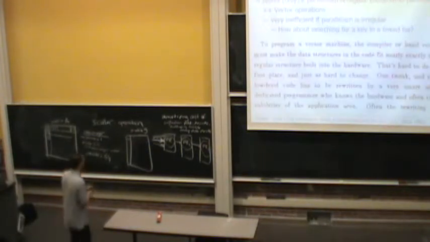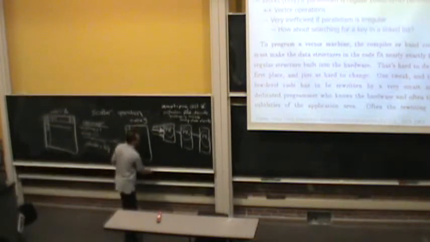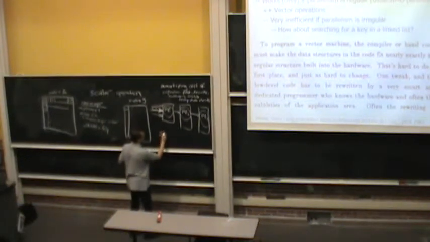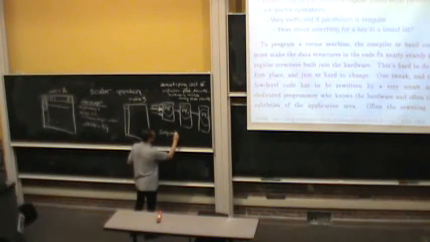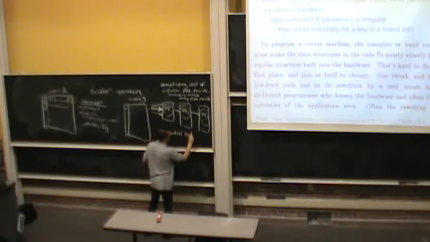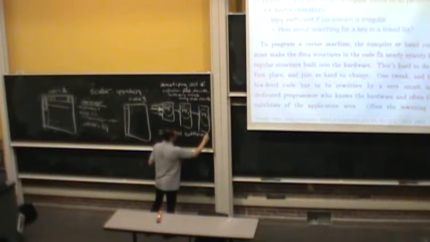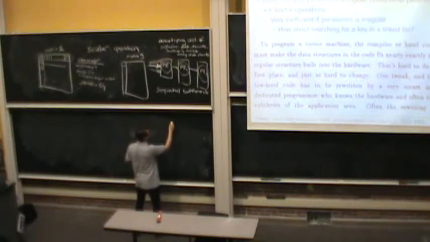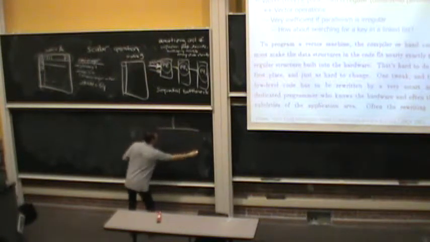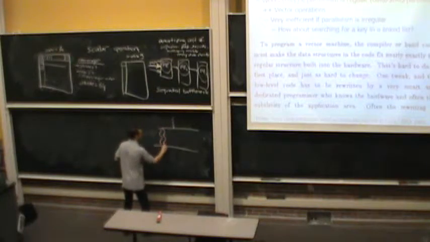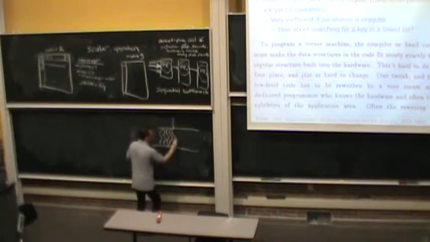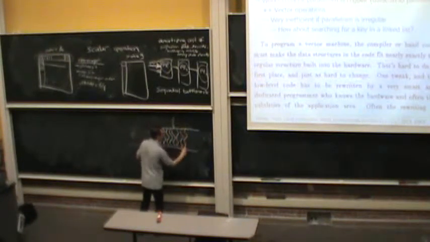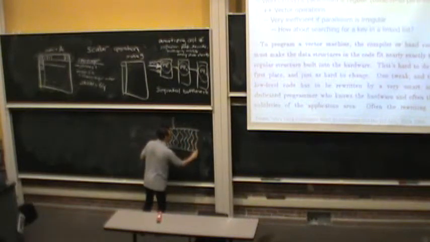In fact, actually, let me give you a terminology. Here, this is called the sequential bottleneck, really. If you look at the operation of a vector machine, if your program is not fully parallelizable, what happens is you have a sequential portion of your code and then a parallel portion of your code where many execution units can operate on the data in parallel. I'm looking at these as threads.